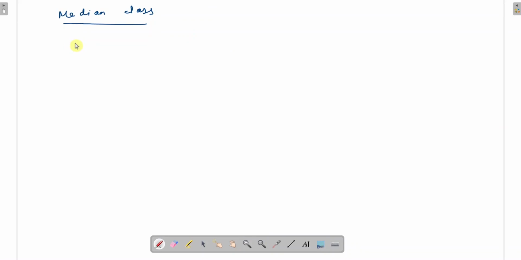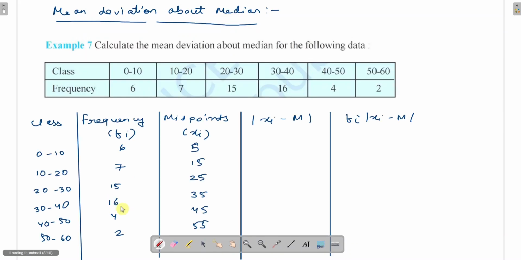So what we have to do here is take n, so n we have to calculate here, take the sum of this: 7 plus 6 is 13, 13 plus 15 is 28, 28 plus 16 is 44, 44 plus 4 is 48, 48 plus 2 is 50.